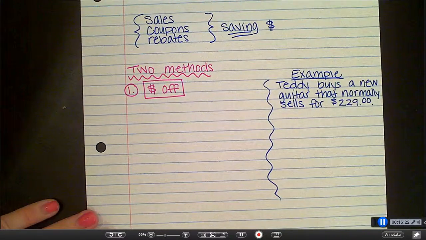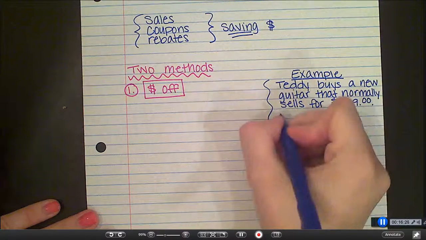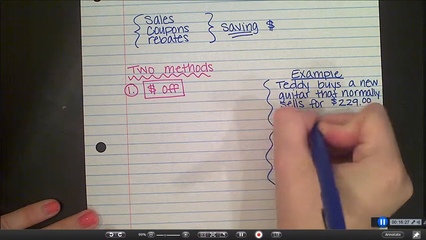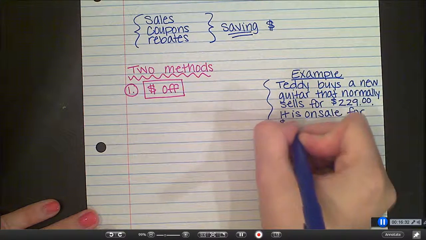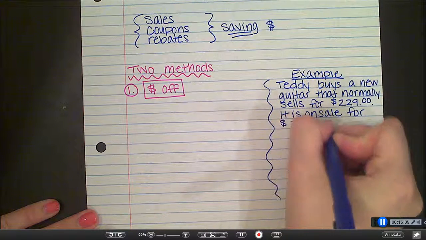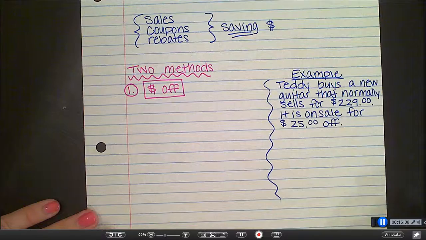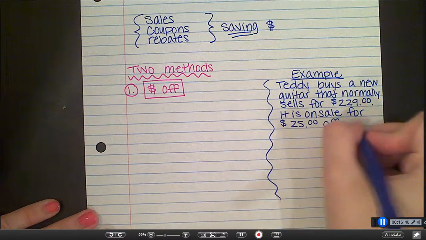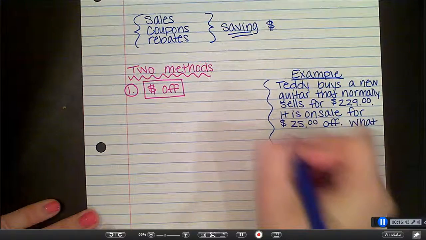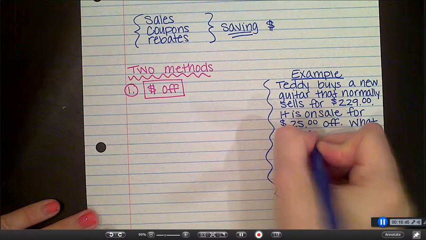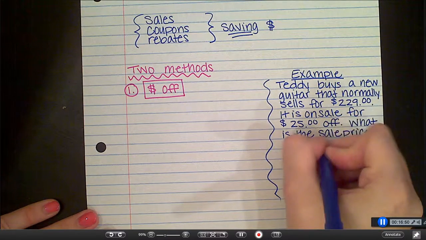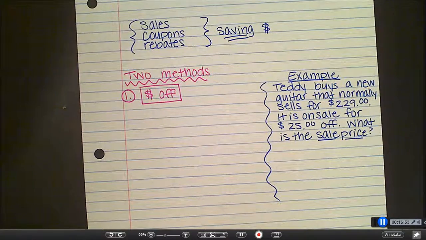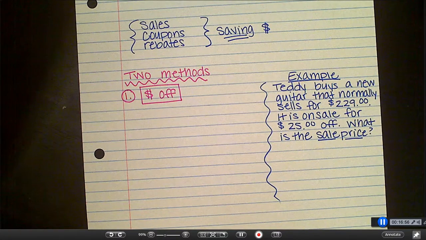Okay, so normally it's $229, but it is on sale for $25 off. What is the sale price? Okay, and when it asks for the sale price, they mean what are you going to pay after the discount or after the coupon or the rebate?